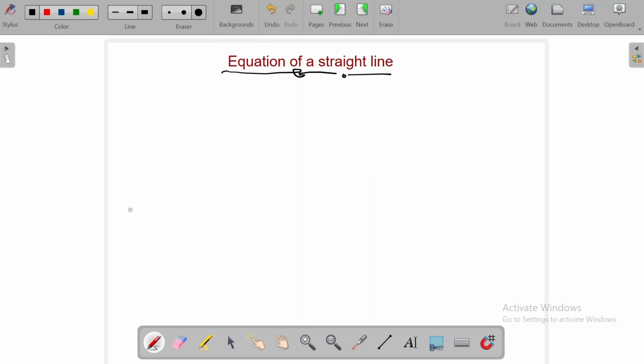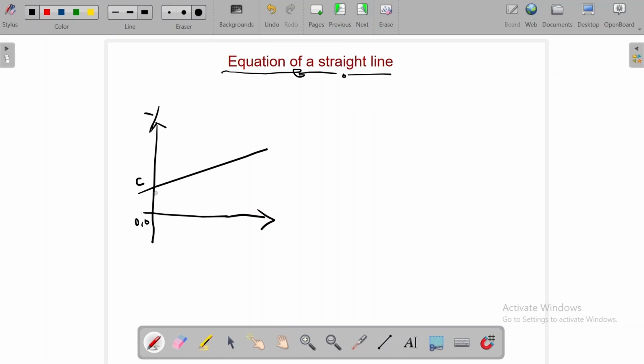If you have your x-axis, you also have the y-axis, and this point is known as the origin. You draw a line connecting the y to the x-axis. If you notice, the line does not pass through the origin, but it cuts the y-axis at C.